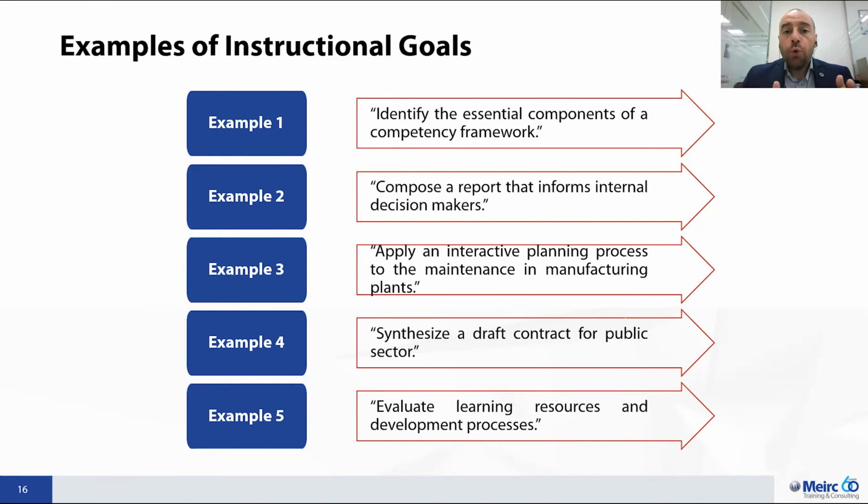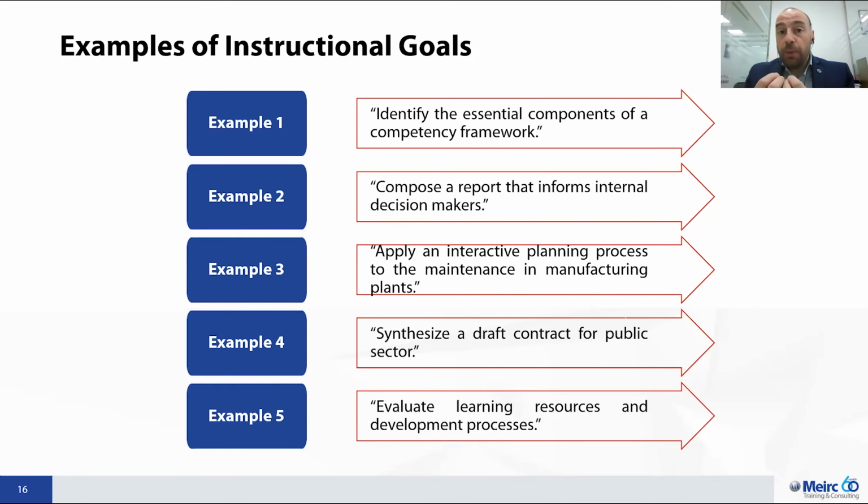Eventually, we aim for evaluating whether the learning was successful or not. And the only way to evaluate is to check whether the goal has been achieved or not. And to check whether the goal was achieved or not, we need to observe the outcome that the participant gained.